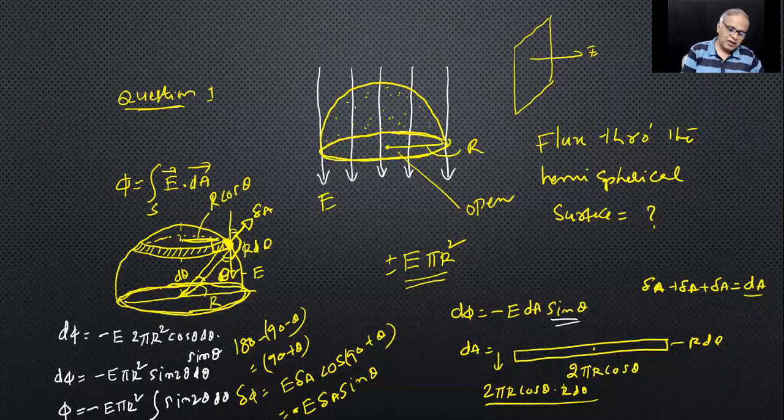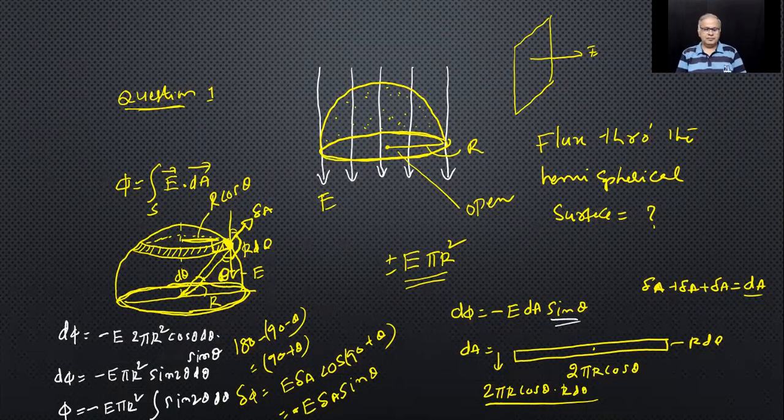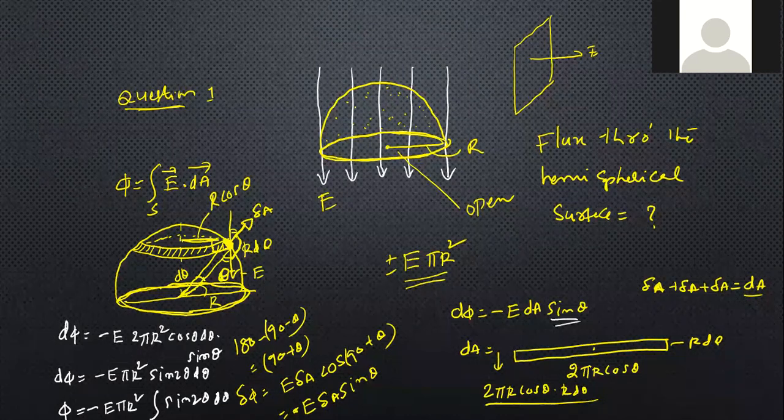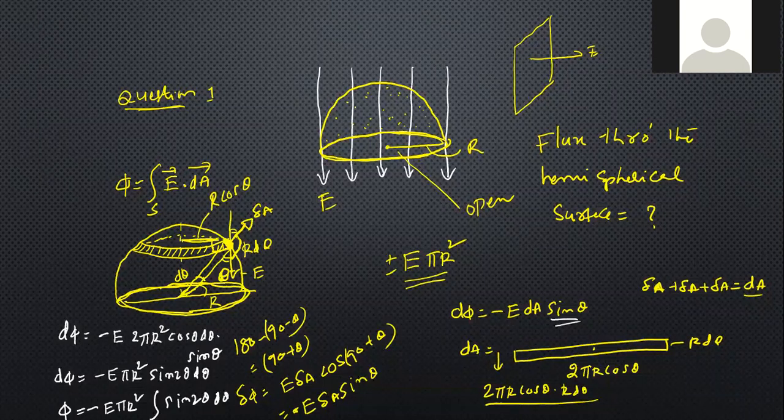Tell me, why did you say pi and why did you say pi by 2? Because this is actually the main problem in deciding the limits in many cases. When you choose your limits, they should cover the whole element. Sir, pi, because if we start at one end as 0, then we need to go to the other end, so that will be 180 degrees.